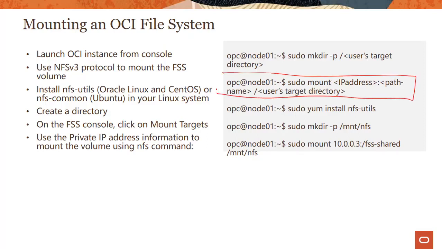You create an instance, you install some of these NFS utilities, you create a mount point, and then you mount the file system with the mount target here, the export path here, to the local directory on your instance, the mount point on your instance. And that's how simple it is to use.